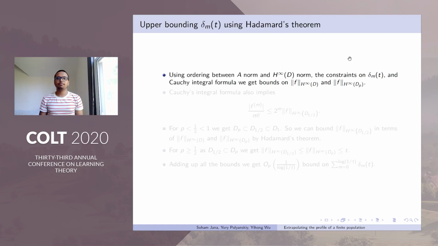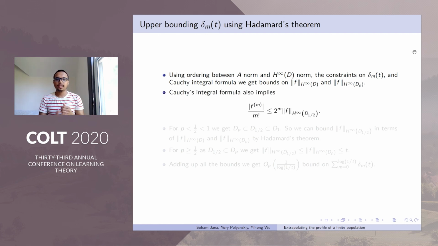So when we get back to bounding delta m, we get that by the ordering properties between a norm and the sup norm over the unit disk, we can use the constraints on delta m and the Cauchy integral formula to get a bound on the sup norm of f over the unit disk and the disk dp for any function f that satisfies the constraints in delta m.